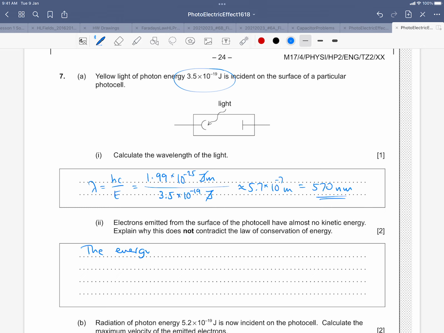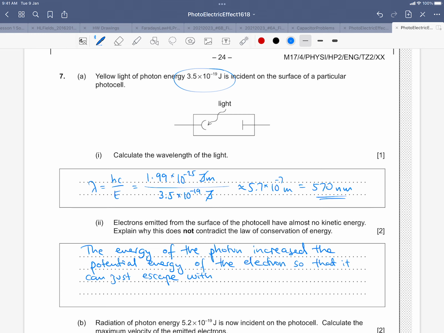So we just write that the energy of the photon increased the potential energy of the electron so that it can just escape with almost 0 KE.